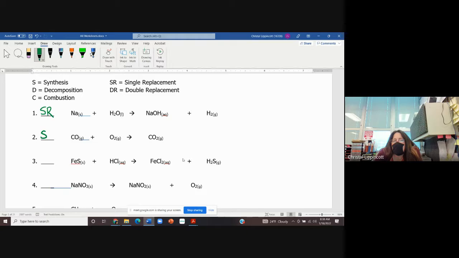Here is double replacement. So metal is going out with non-metal. This metal is going out with this non-metal. And they swap partners. So that's like a Jerry Springer, some sort of, yeah. No, he's my man. No, he's my man. No, you stole him.